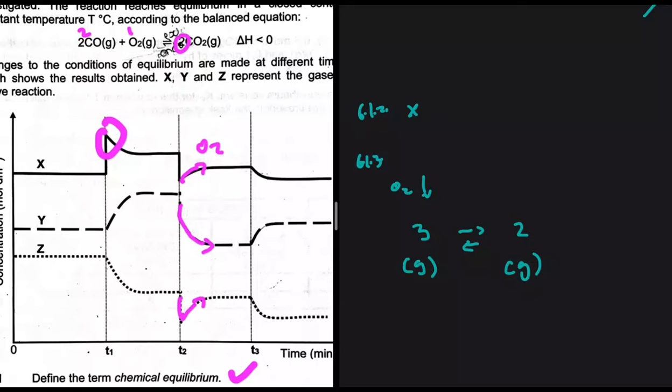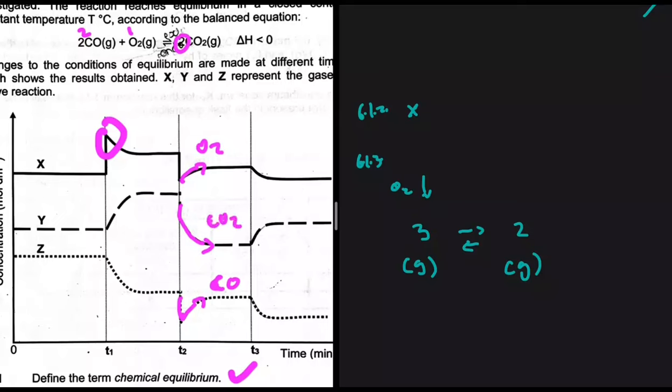Because the change is with regards to pressure, we can say that X is O2, and Z is actually carbon monoxide. Z has to be carbon monoxide. So this is CO. And then Y should be carbon dioxide, CO2.